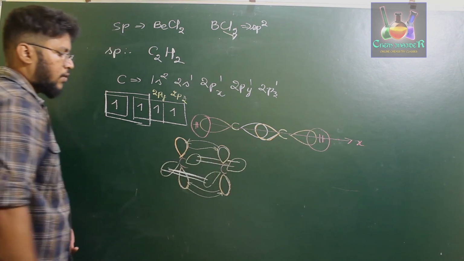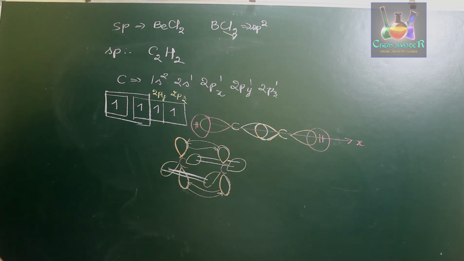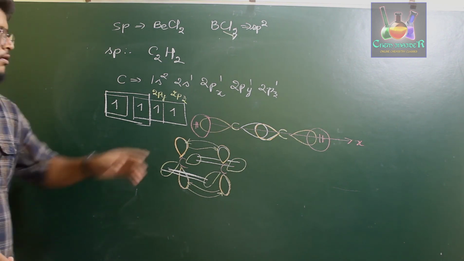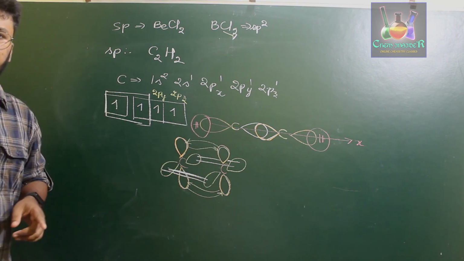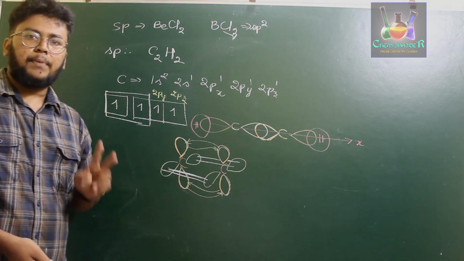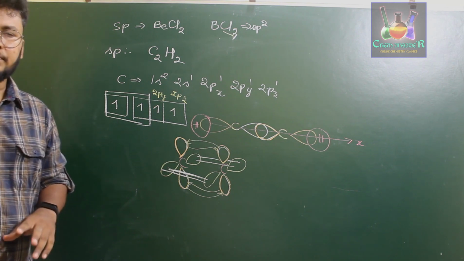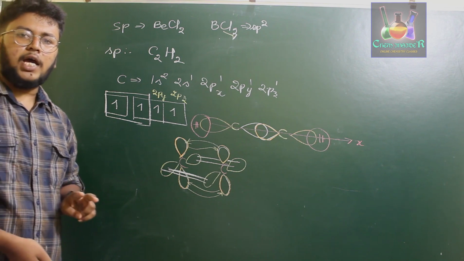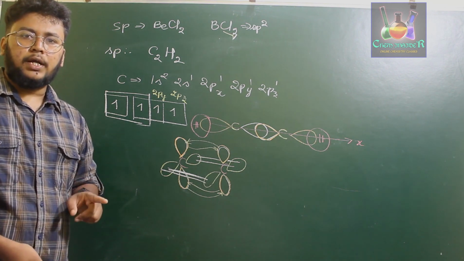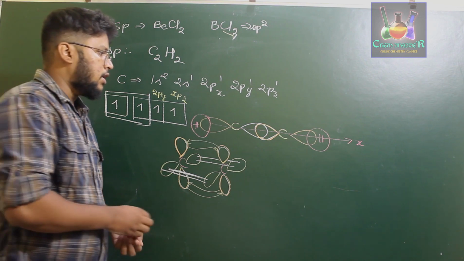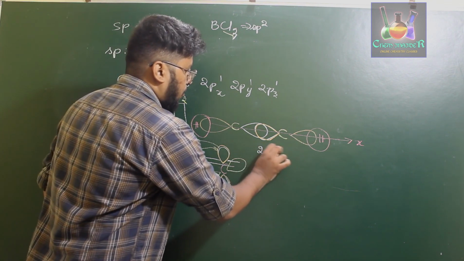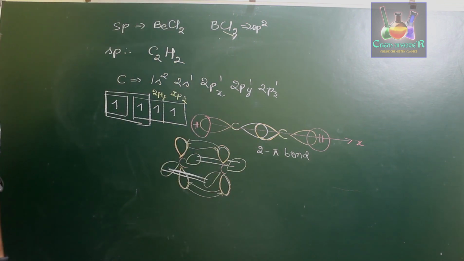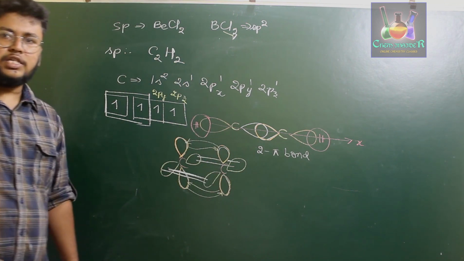Therefore, carbon which undergoes sp hybridization will have 2 pi sideways overlappings, with the p orbitals overlapping sideways, resulting in the formation of 2 pi bonds, along with 3 sigma bonds.